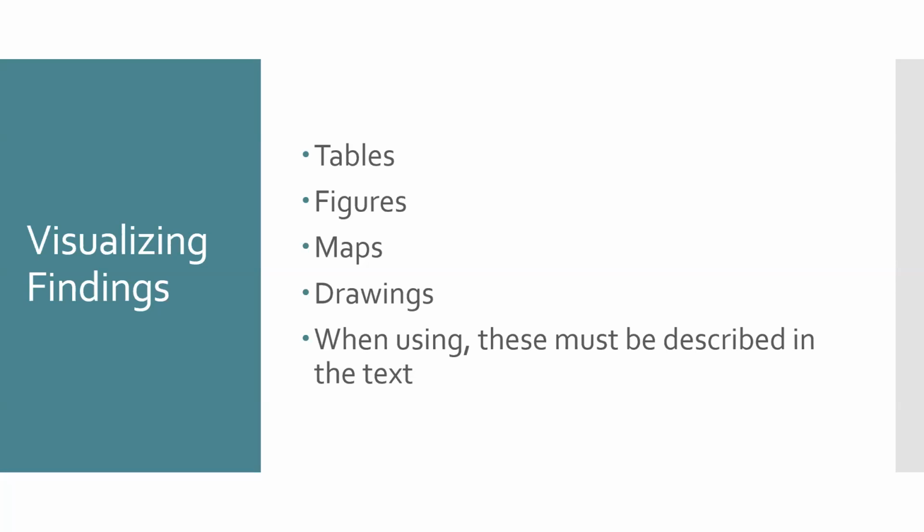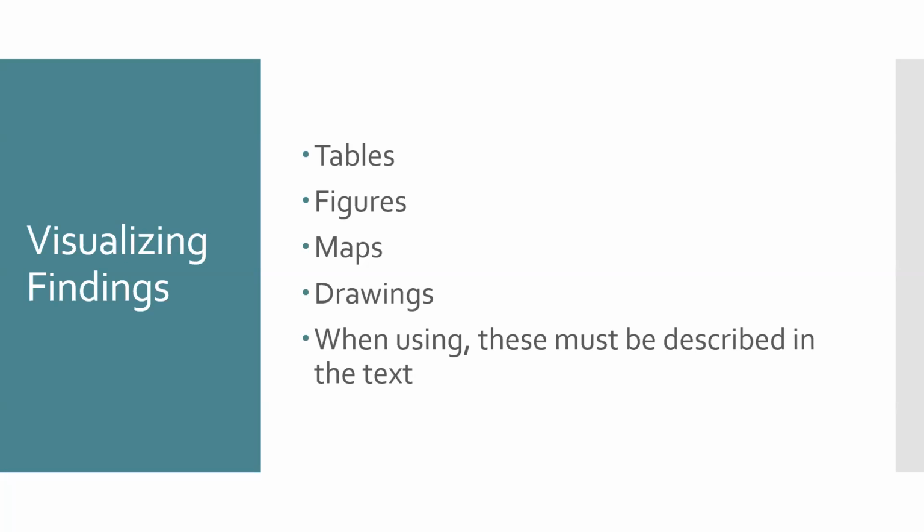Anywhere that you use these, though, they need to be described in the text. So you don't necessarily need to include paragraphs and paragraphs about one table, but when I say described in the text, I mean you do need to give a brief write-up of, here is what Table 1, for example, presents, and outline that a little bit more so it's not abrupt for the reader.